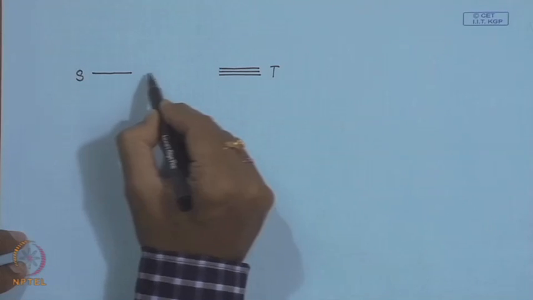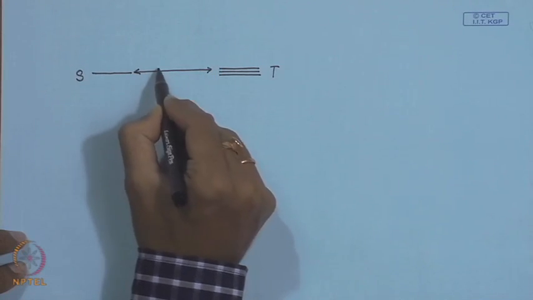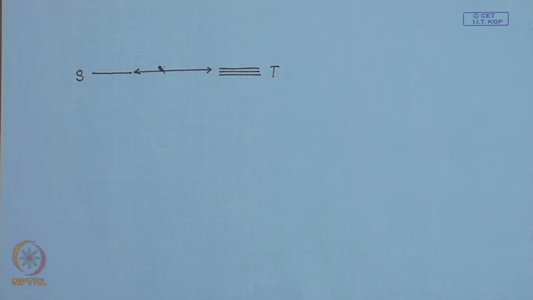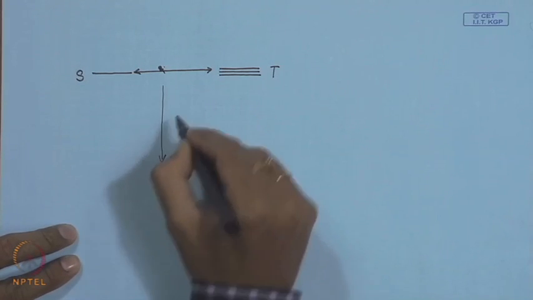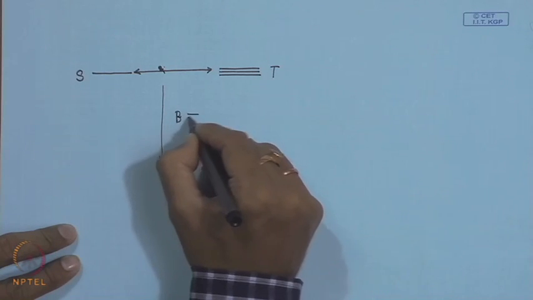So, in absence of any external magnetic field, there is a transition between singlet and triplet. Okay. Now, what you do, you apply your external magnetic field B, and B is not equal to 0.